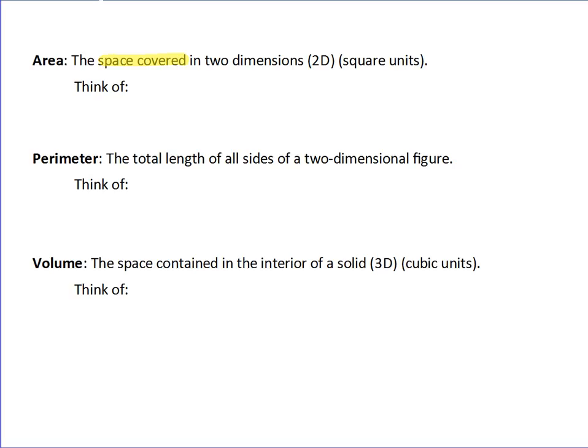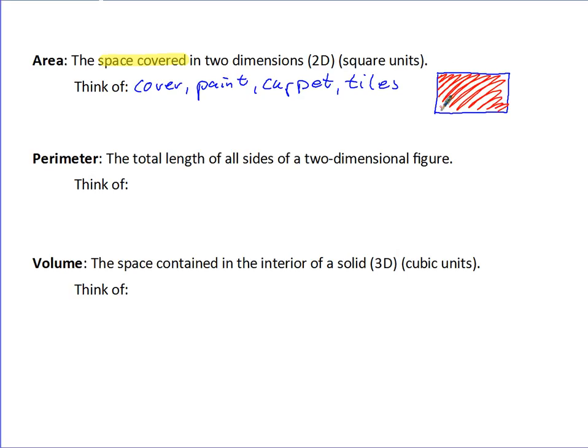I want you to think of cover, covering something maybe with paint or carpeting or tiles, anything that covers a two-dimensional space. In this rectangle here, that would be covering the entire inside.